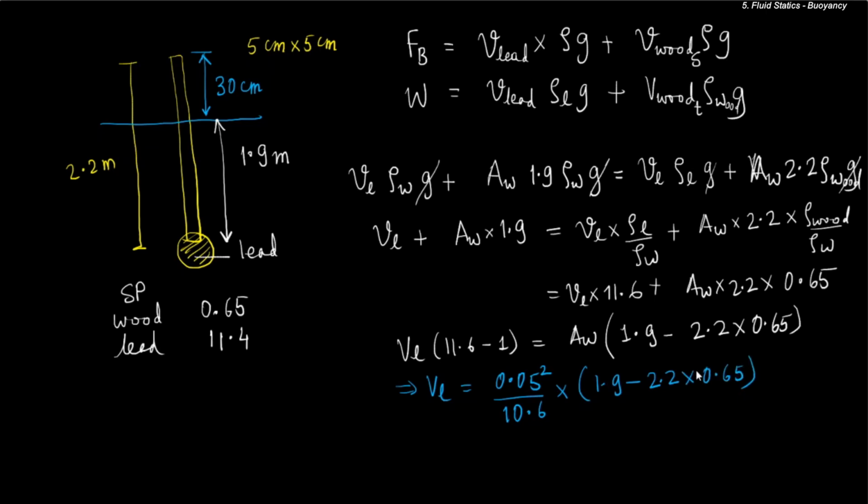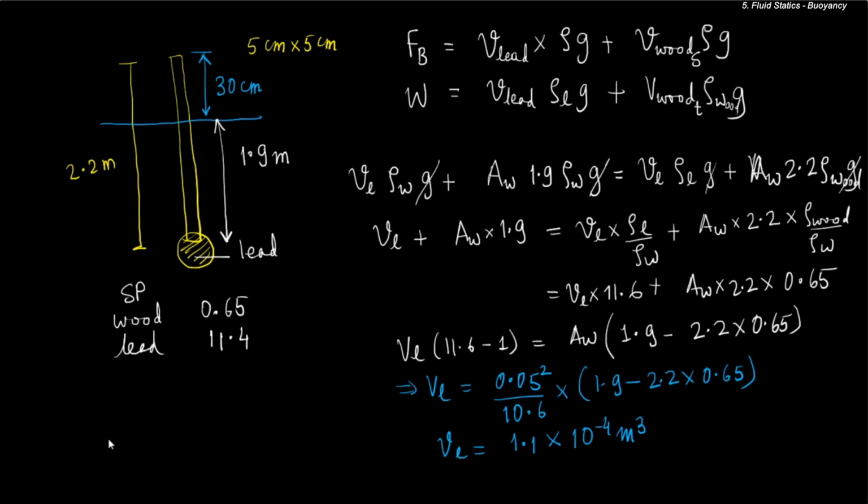So if we crunch in the numbers, we obtain the volume of lead as 1.1 into 10 to the power minus 4 meter cube.